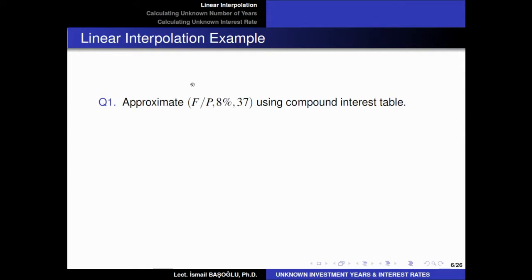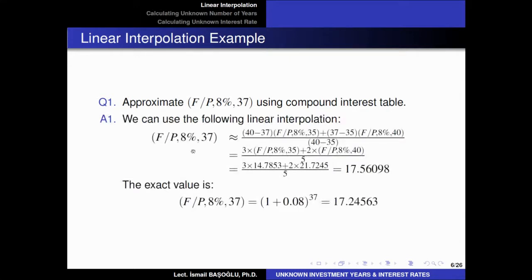So here in this simple practical example, we are going to understand it. Now you see, if we are going to apply a linear interpolation for the f over p value for 8% interest rate for 37 years, we are just going to look at the f over p values under 8% interest rate for 35 and 40 years, because these are the closest available values in the compound interest tables.